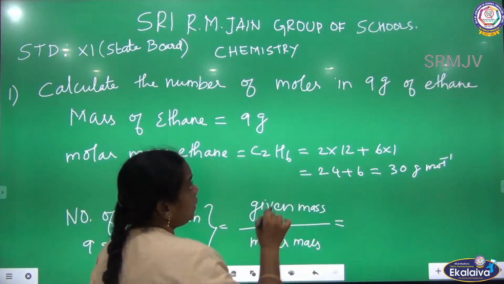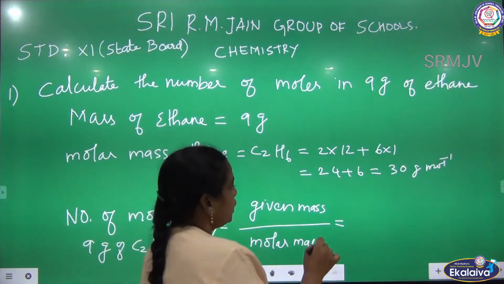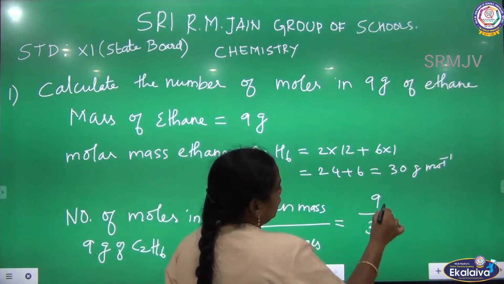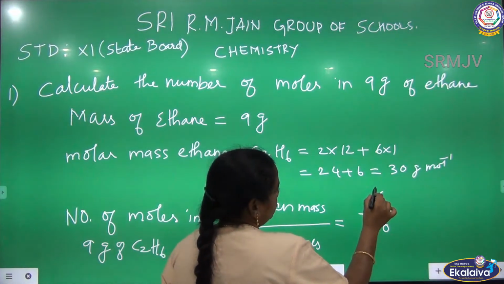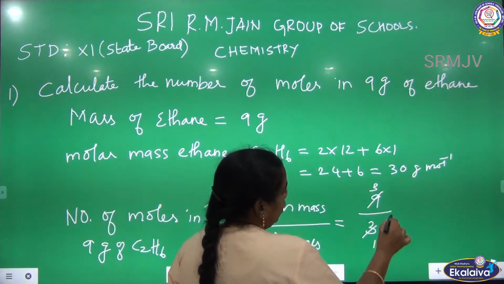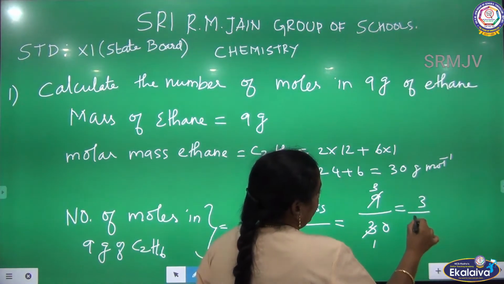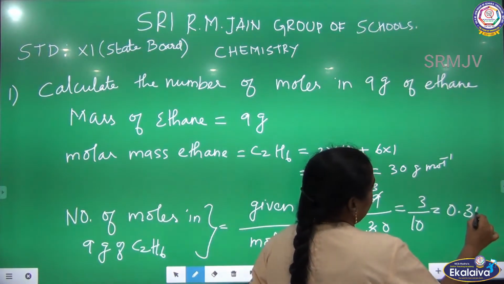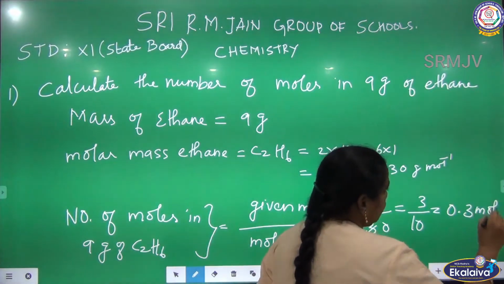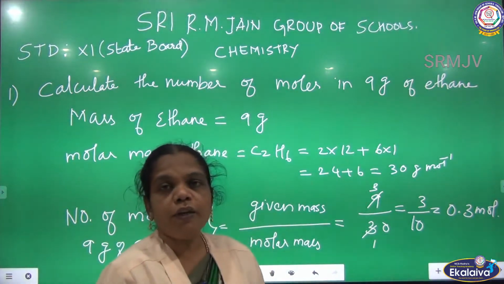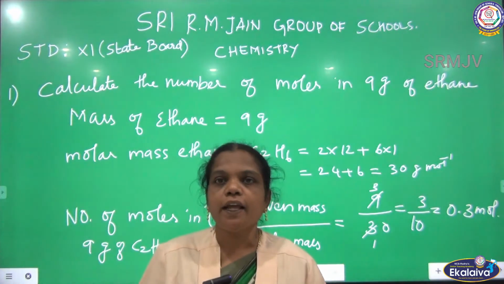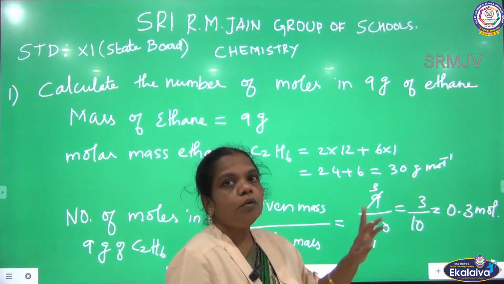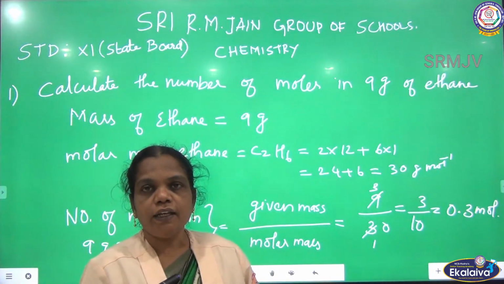The given mass is 9 gram. So 9 divided by 30. So this becomes 3 by 10 equal to 0.3 moles. So 0.3 moles of ethane are present in 9 gram.